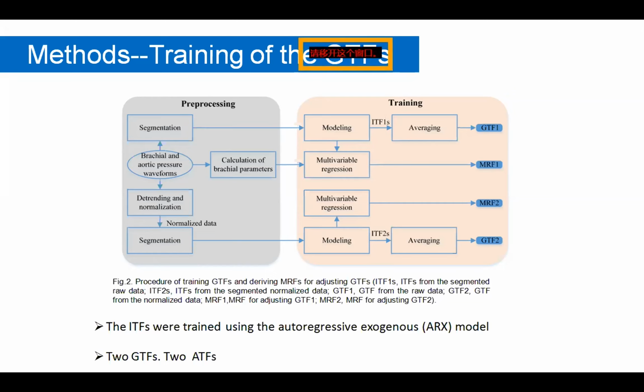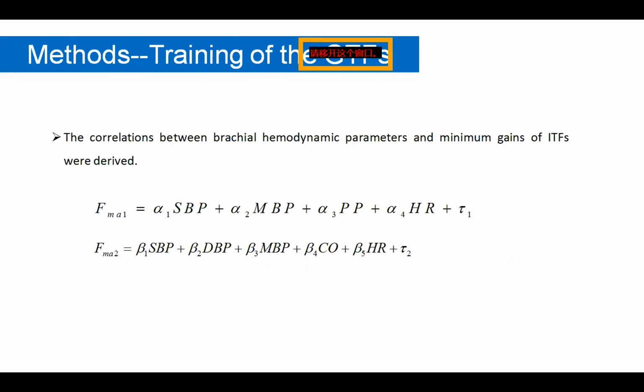Multivariable regression was performed between the brachial hemodynamic parameters and the minimum gains of ATF, and I found the minimum gain of an ATF can be calculated from brachial hemodynamic parameters.